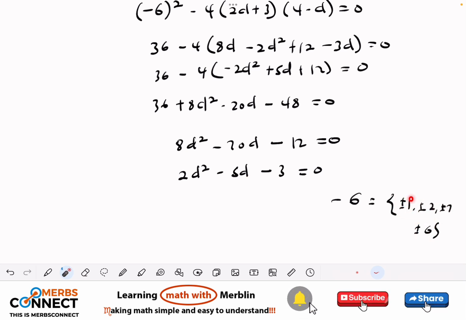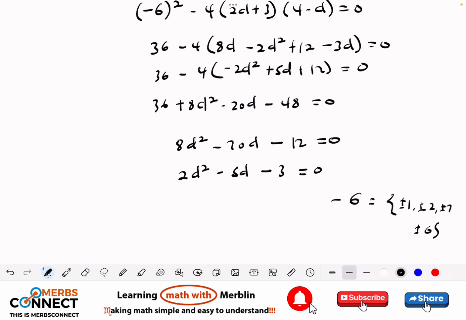I can pick 1 and 6, like if I pick minus 6 and 1, yeah, it's going to work out. But I can also pick 2 and 3, which is also going to work out. I think this one is, yes.